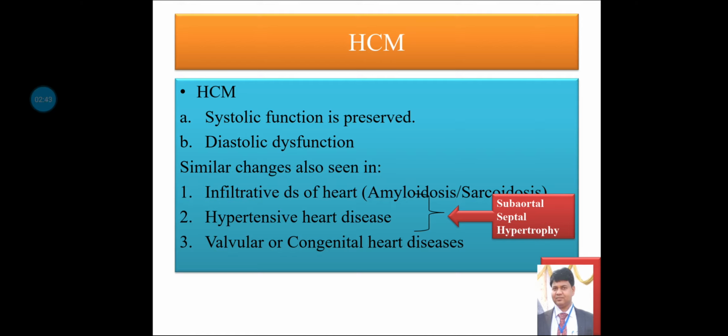The second condition is hypertensive heart disease. In both these conditions there is a typical type of hypertrophy, called subaortic septal hypertrophy, and these two conditions mimic hypertrophic cardiomyopathy. So this should be differentiated on echocardiography.